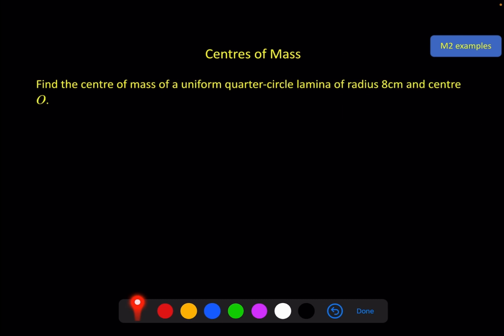Final example for the video: find the centre of mass of a uniform quarter circle lamina of radius 8 centimeters and centre O. So if we've got a quarter circle here, something like that, slightly shaky drawing, and it's 8 centimeters radius, centre O, line of symmetry here, G is somewhere around here, and because it's a quarter circle, I know alpha as well.